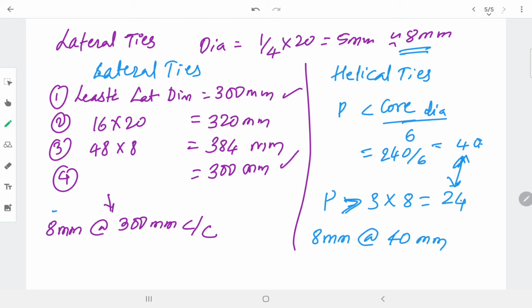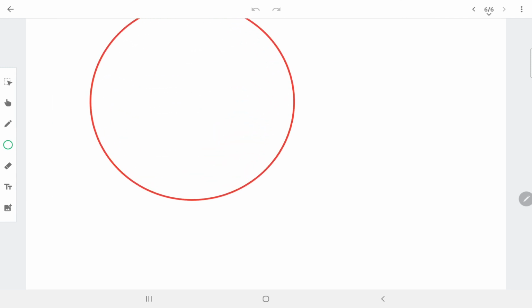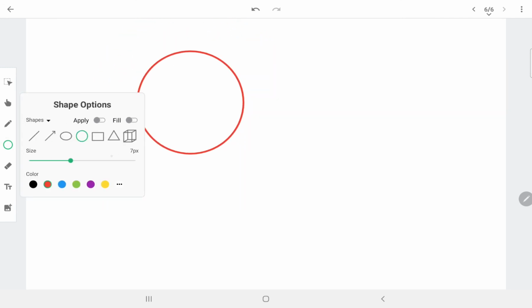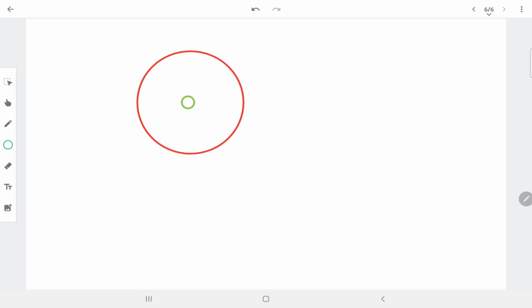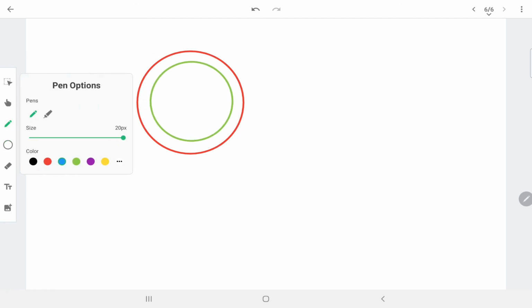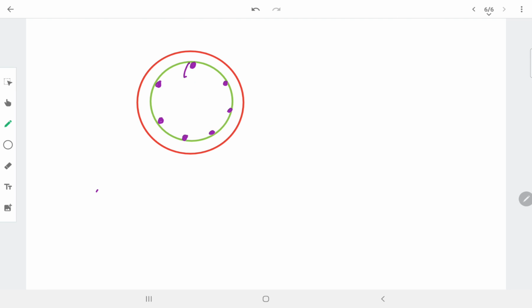Okay, you know the detailing part. If you want, we'll go for the detailing part. So this is a column, this is helical tie or lateral tie, whatever. We'll be providing the column reinforcement 1, 2, 3, 4, 5, 6, 7, like that. 7 main bars we have provided.